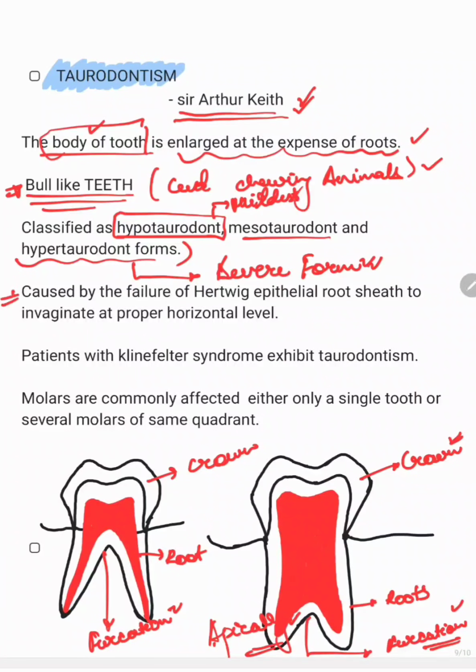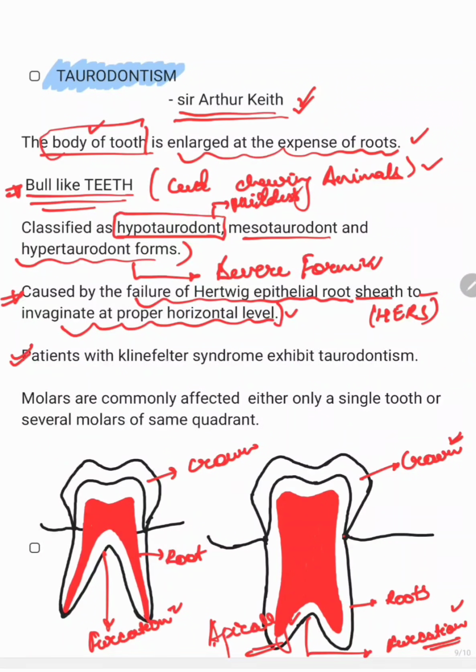It is basically caused by failure of Hertwig's epithelial root sheath, that is HERS, to invaginate at the proper horizontal level. That's why the furcation area is present near the apices, below where it is present normally.